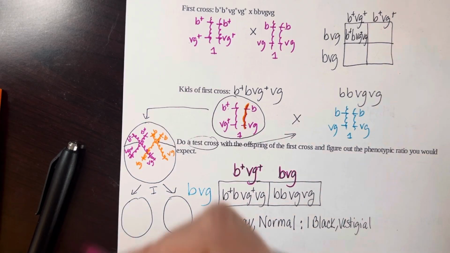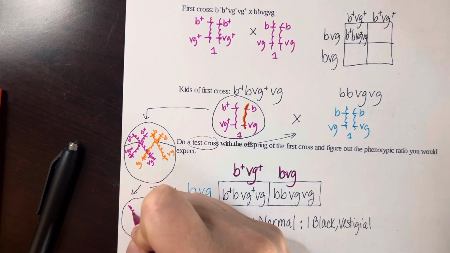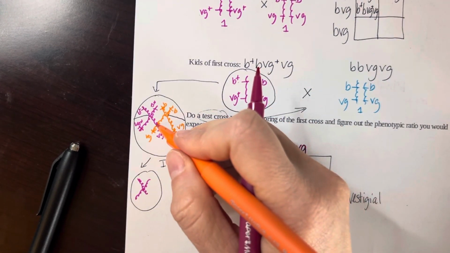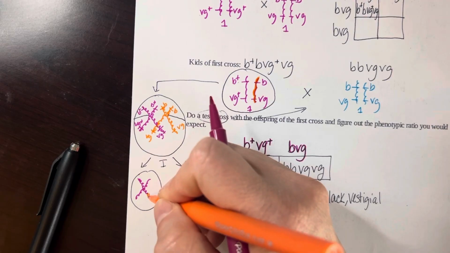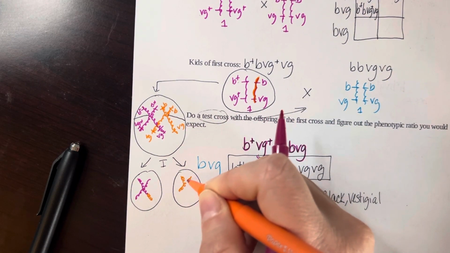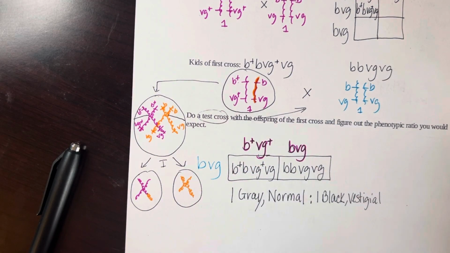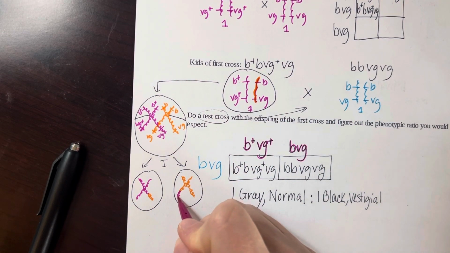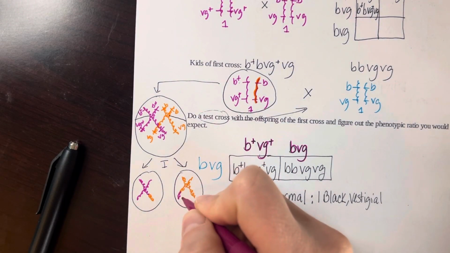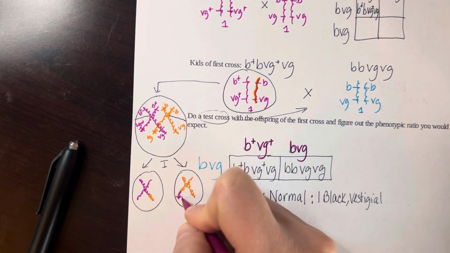Let's look at what this one is going to look like. Once they get pulled apart, they switch from the point of crossover down. So this is orange, and then the orange chromosome is going to have the pink end, and the pink is going to have the VG gene.